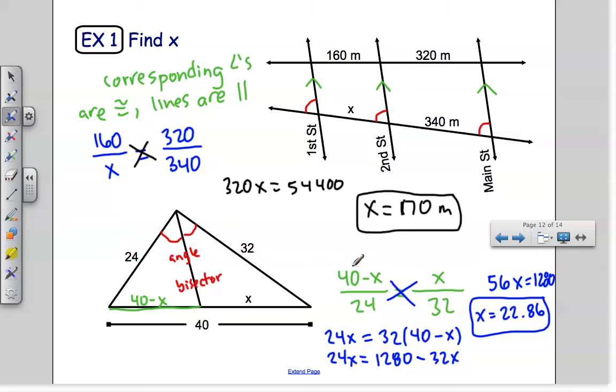And I could plug it in back here and do 40 minus 22.86. I'm going to hit equals, I'm going to divide that by 24 and see if I get the same decimal. Yeah, it's that 0.714-ish that I'm looking for. Okay? So a little bit of trick trying to figure out what to call this portion of that segment. But again, an angle bisector splits a third side into parts that are proportional to the sides nearest to them.